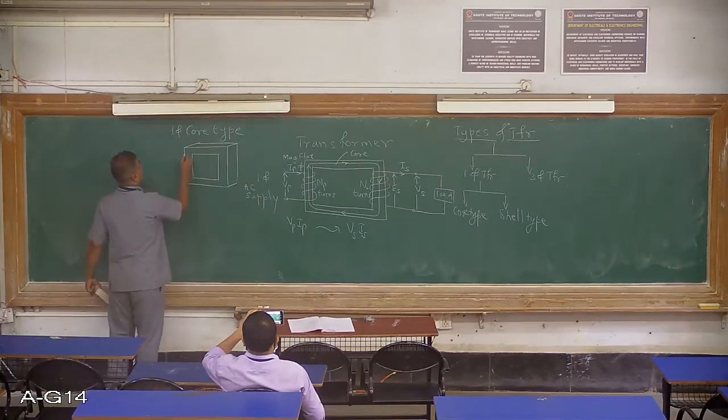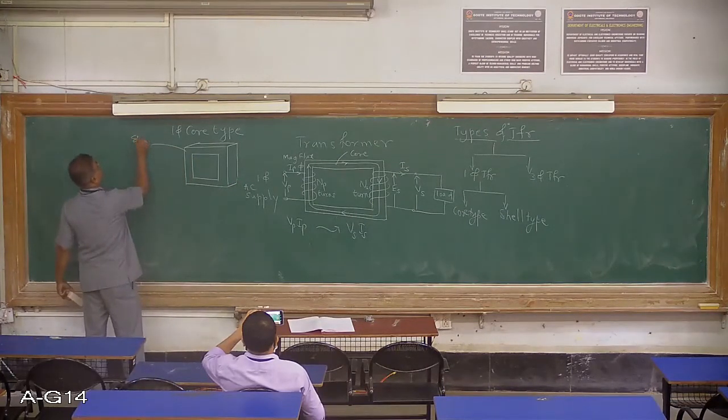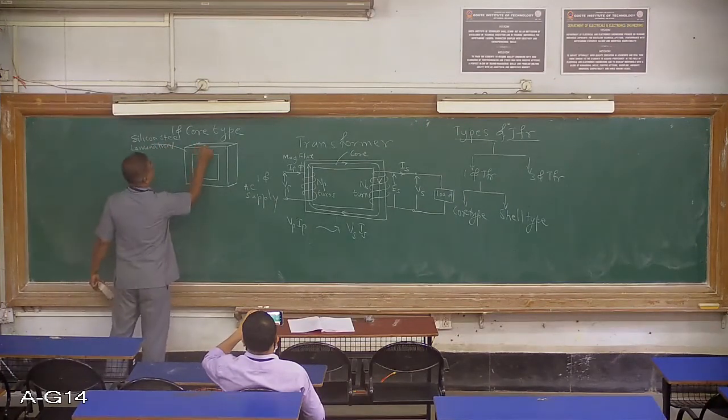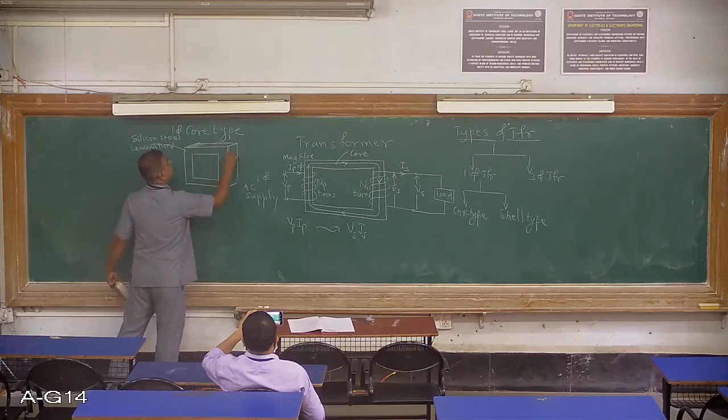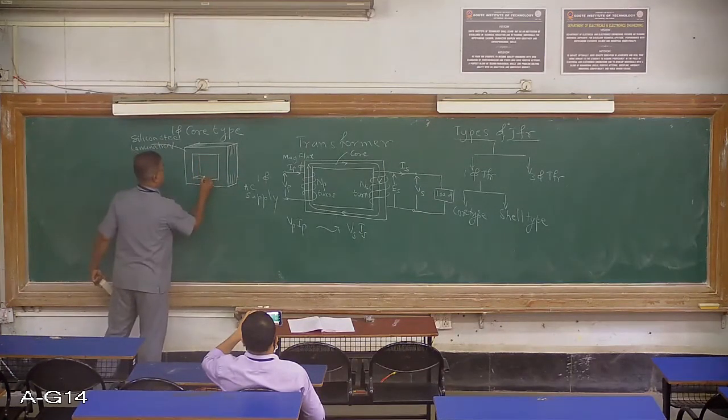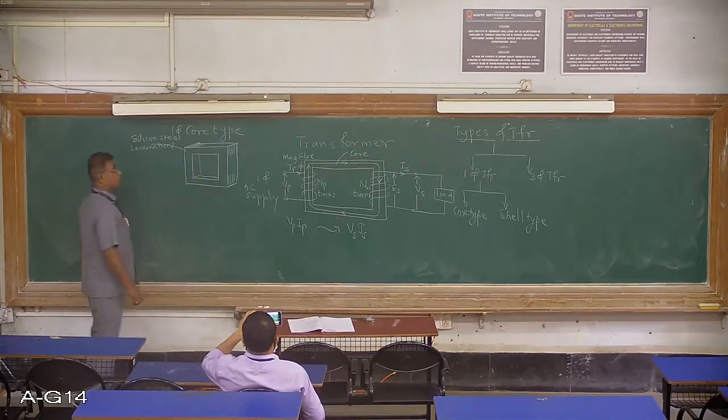This core is made up of silicon steel laminations. These are the laminations. A stack of laminations is formed in this shape, and this is called the magnetic core.